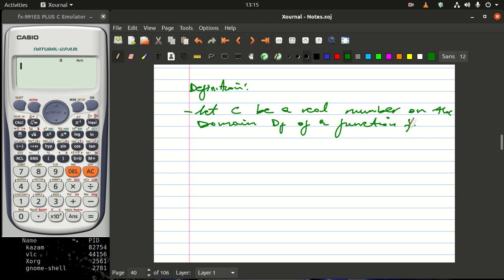Then f of c is called the local maximum, and then we also end up having the local minimum.